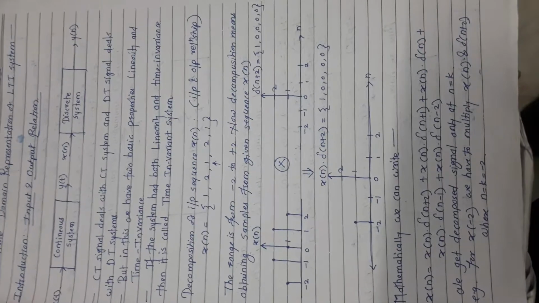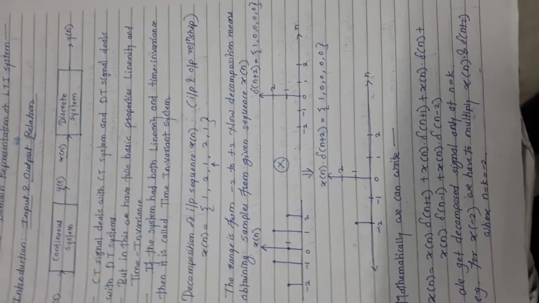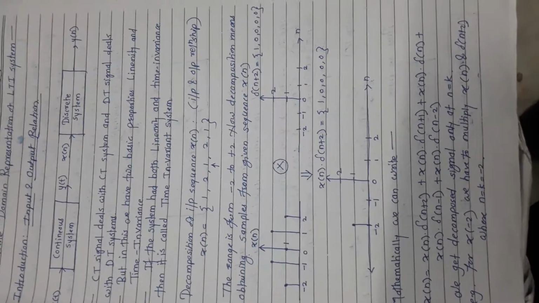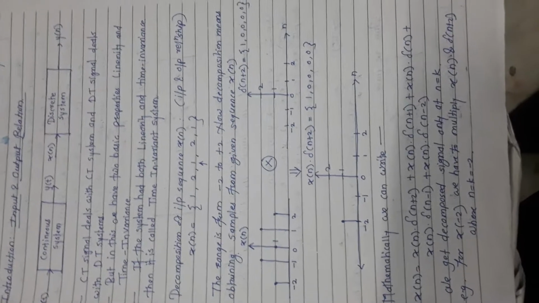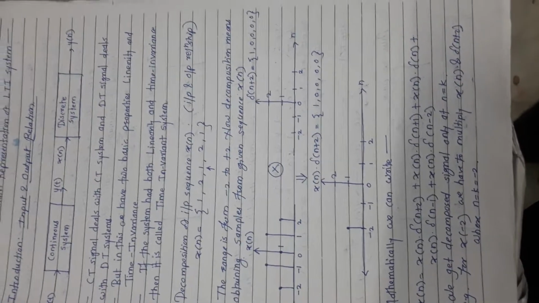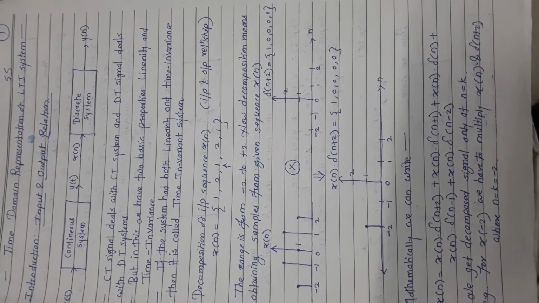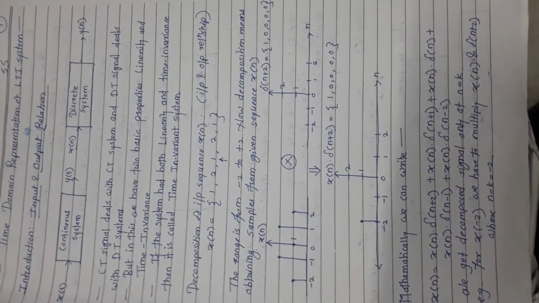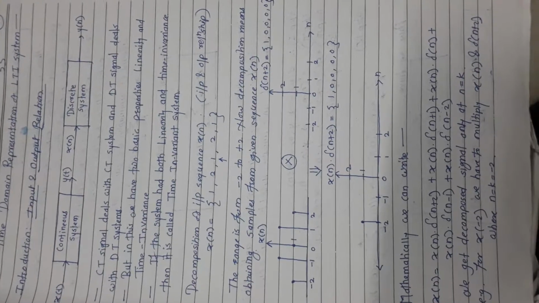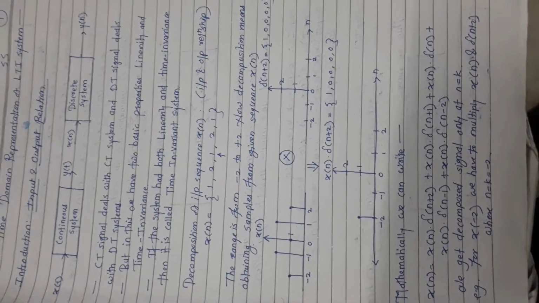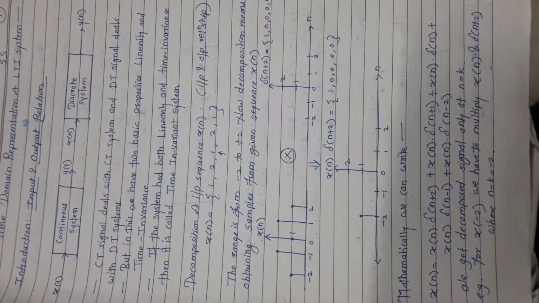Now multiplying this original signal with del of n plus 2. The del signal is the impulse signal, generally called an elementary signal. Elementary signals are the signals used for explanation or for extracting information from the given input signal.